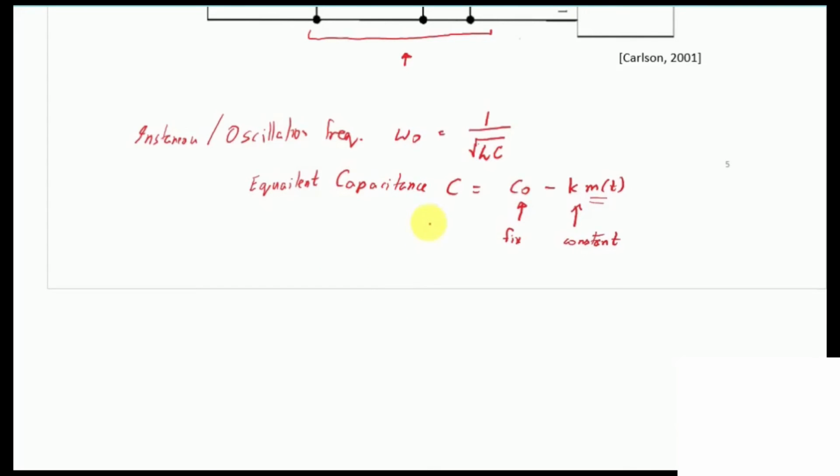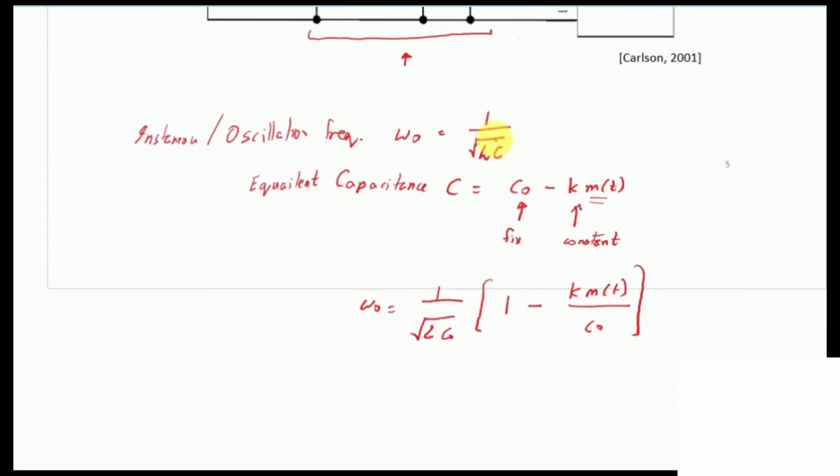Using the above expression, we can express omega naught as 1 over the square root of L C naught, and then we have expanded the C in terms of C naught minus K m(t). Resultantly we would have 1 minus K m(t) by C naught.